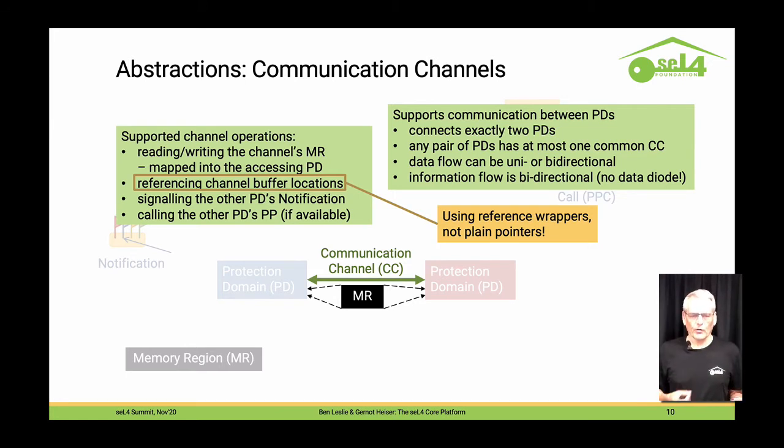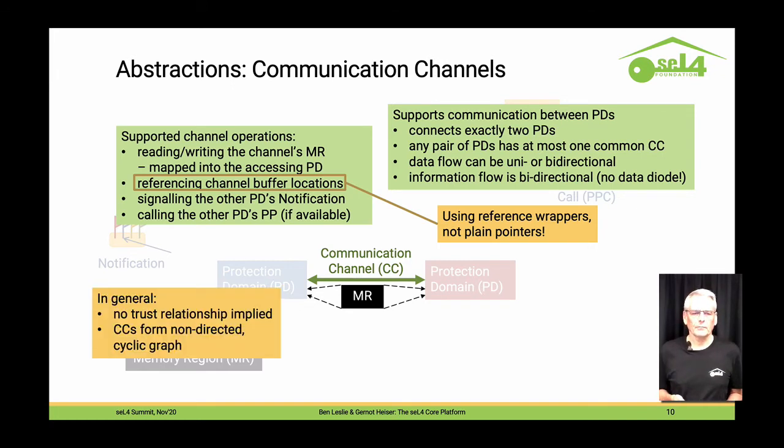You are not allowed to pass pointers to this shared memory region. You need to have a wrapper mechanism so that the data structures work correctly. It's important to notice that there is no implied trust relationship between protection domains that share a communication channel, and there is no restriction on cycles in the channel.